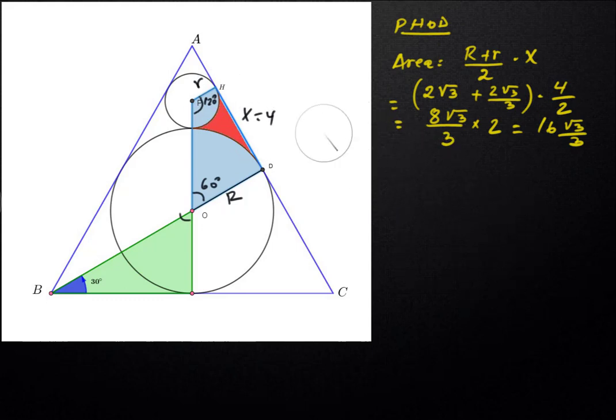Now we have to find the sum of the area of the two sectors.